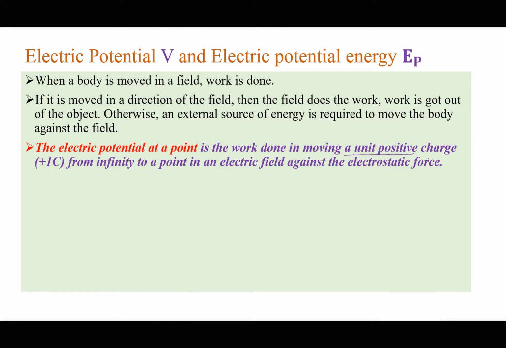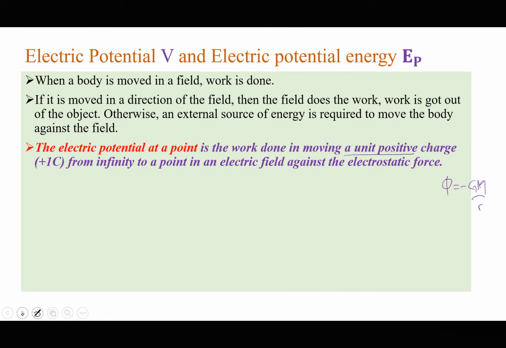In a similar way, since we defined potential due to masses to be negative capital G m over r, the work done in moving a unit positive charge from infinity to a point in the electric field is going to be called electric potential.